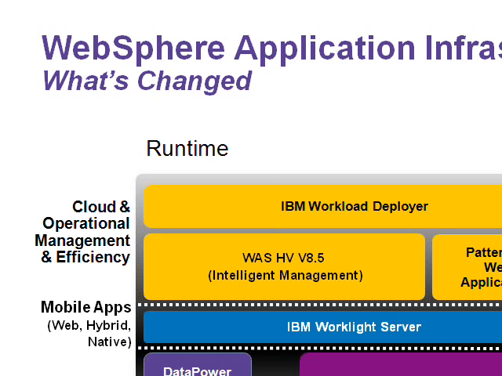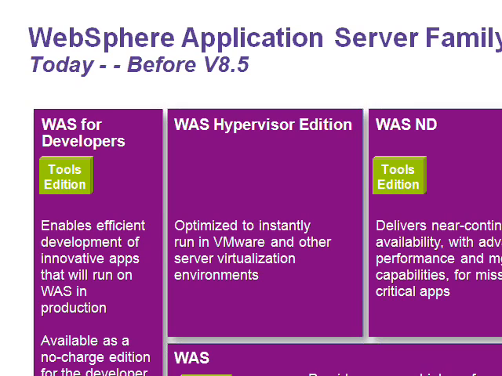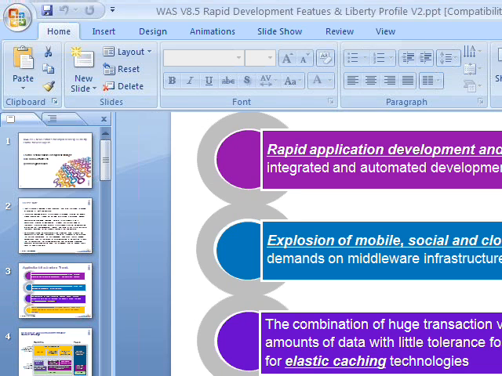Moving on to slide 6, having seen what the earlier slide showed, which is an overview of the application infrastructure foundation, we are now at understanding what the application server family has to bring. So we're now one step into the application server family, which is our topic for the day.